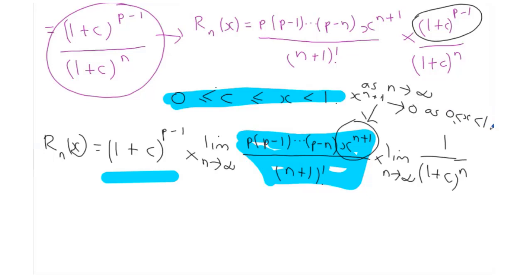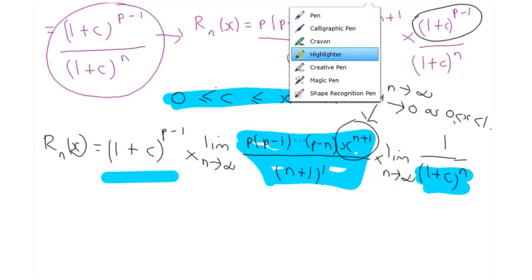Because we know x is 0.0 something or 0 point something, once you raise it to a massive power, it's going to get very, very close to 0. So then this whole limit, we basically got 0 over infinity, so that's going to be 0. And if you look at the second limit, because we know that c also needs to be between 0 and 1, that 1 plus c is going to be bigger than 1, which means that (1 + c) to the n is going to be gigantic, and 1 over that is going to be very, very close to 0.